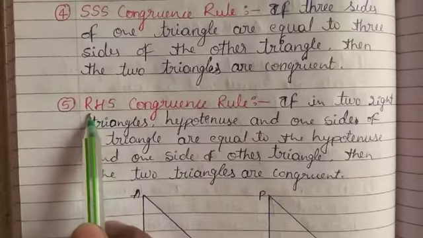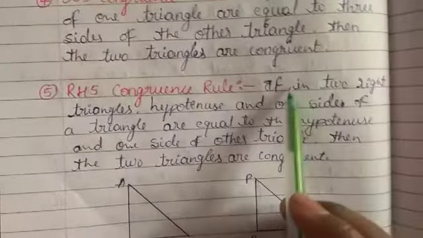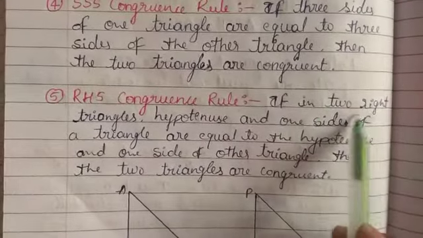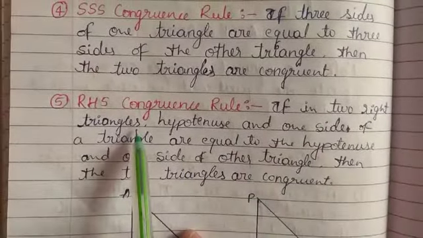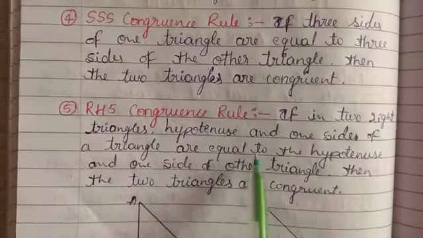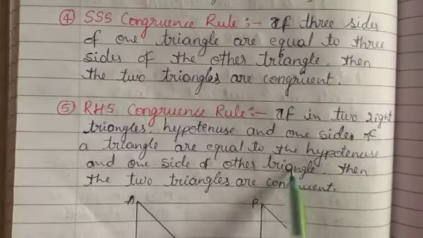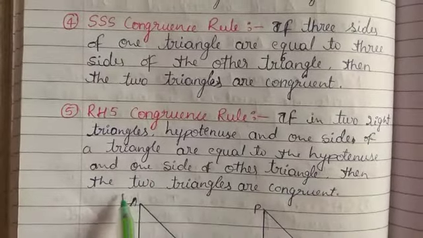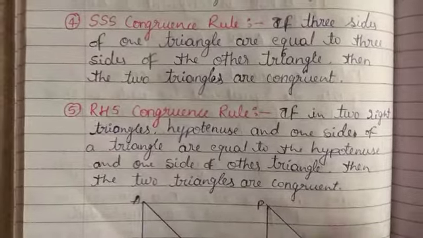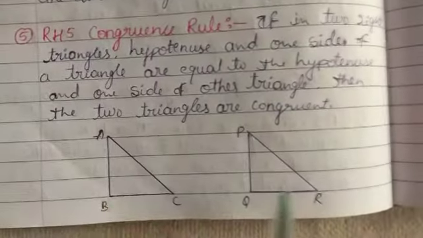Okay, next one, the RHS congruence rule. If in two right angle triangles, the hypotenuse and one side of one triangle are equal to the hypotenuse and one side of the other triangle, then the two triangles are congruent. What does this say? Suppose I have two right angle triangles.